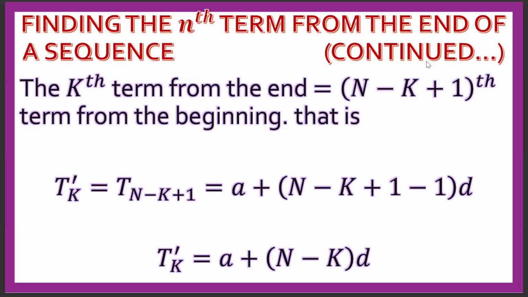So putting N minus k plus 1 in place of n, N minus k plus 1 minus 1 into d, that is t dash k is equal to a plus N minus k into d. This is the formula of the kth term when we start from the end.